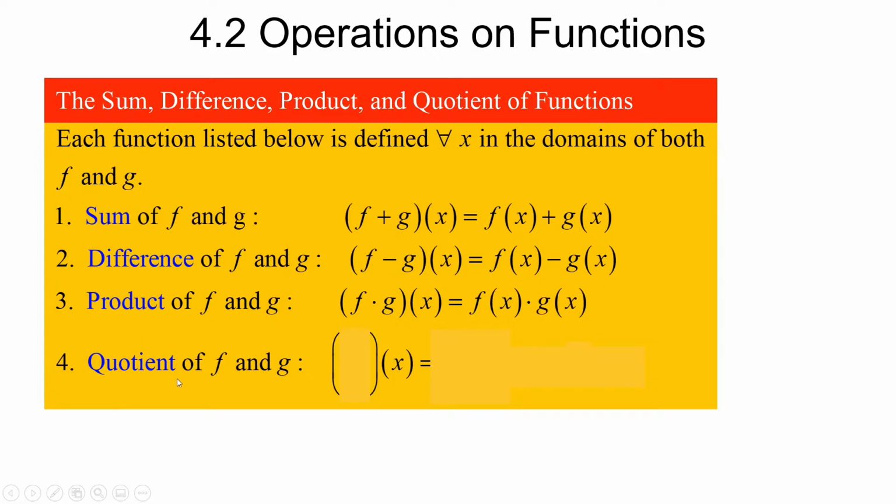And then the quotient of f and g, which is nothing more than f over g of x, or f of x divided by g of x. And now note the comma right there. Well, what number can we not divide by? 0. So when I do the quotient of two functions, I have to be aware of domain restrictions. I know that g of x cannot equal 0 here.